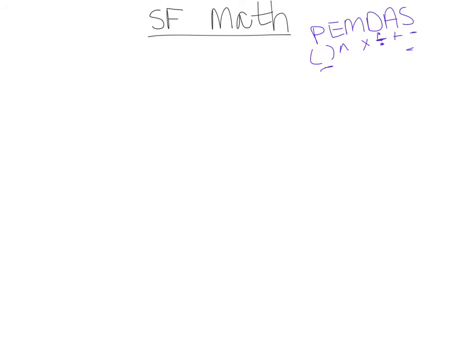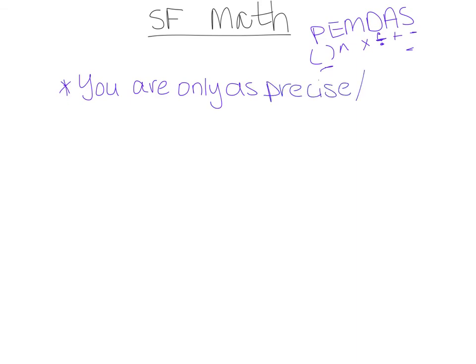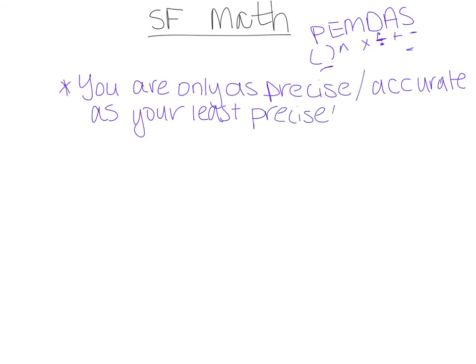Okay? All right. The next most important thing, because this is an overlying idea for both types, okay? You are going to write, you are only as precise, and I actually say accurate as well, accurate, as your least precise or accurate device.